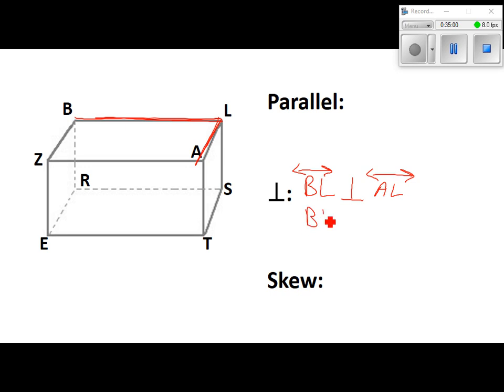We could also say that line BL is perpendicular to line LS. And there are other perpendicular lines. We could look at this line ET is perpendicular to line EZ, and so on, and so on. So we could pick out all those perpendicular lines in that picture. There's all kinds of them.